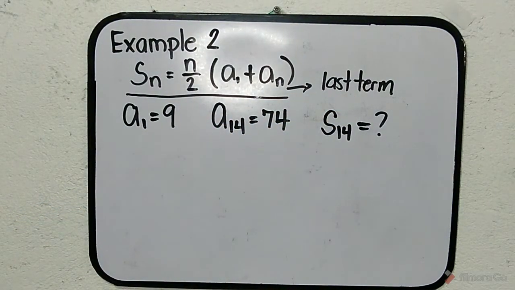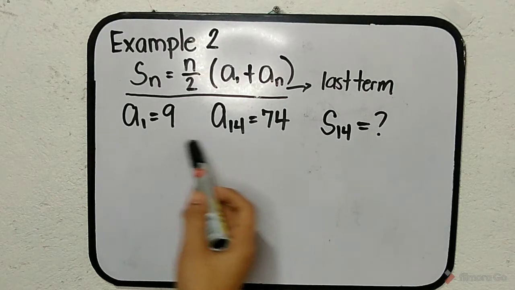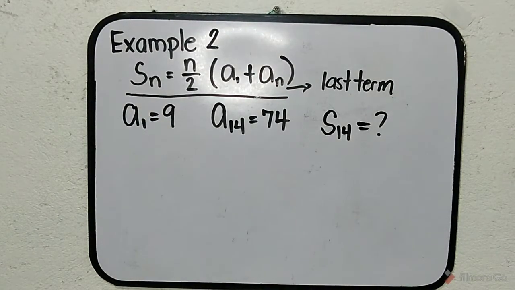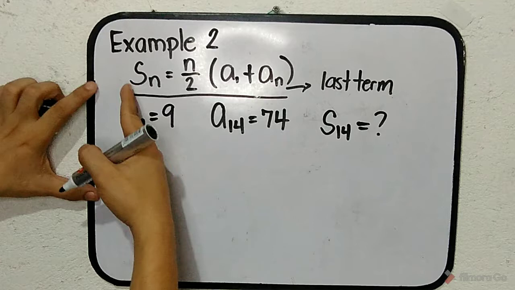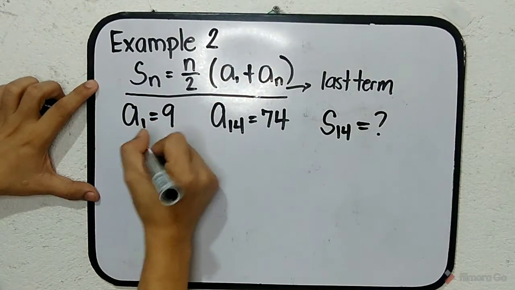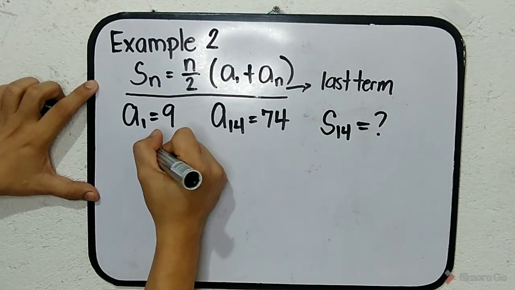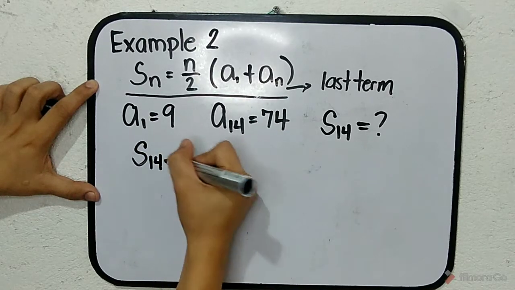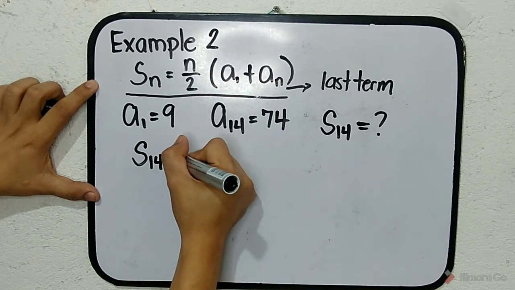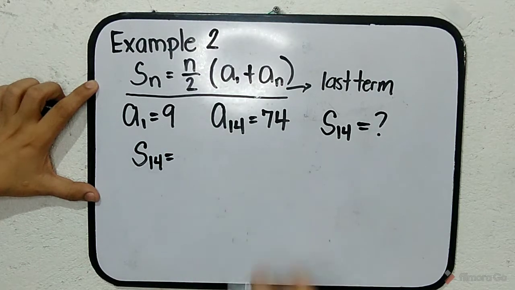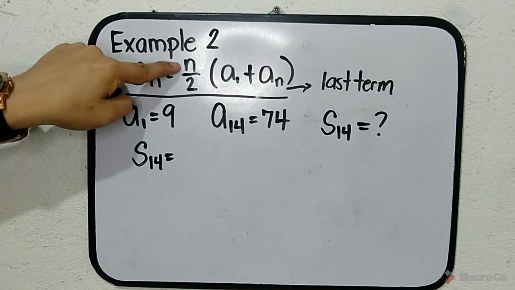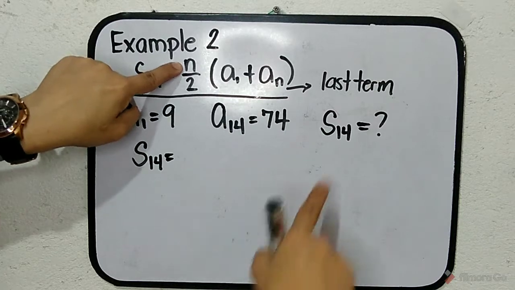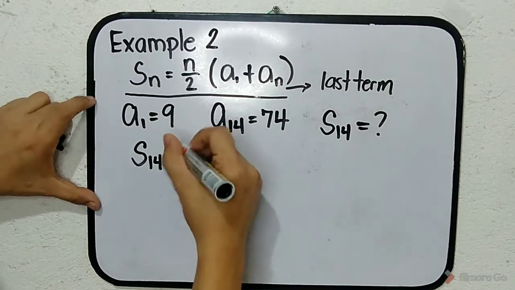So we're just going to substitute our given values sa ating formula. So let's have S sub n, that will be S sub 14 kasi pinapahanap sa atin ang sum ng first 14 terms natin. S sub 14 equals n. So, ilan ulit number ng terms? 14 terms.